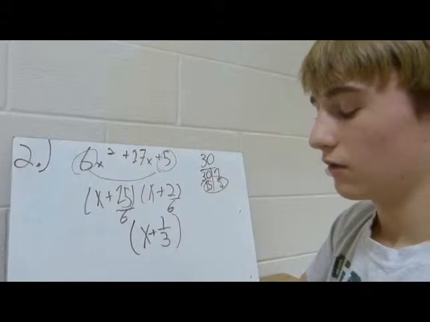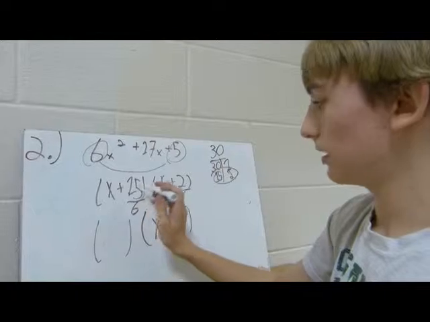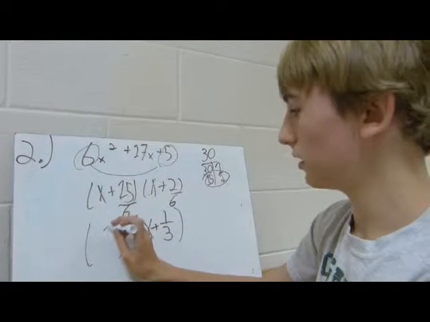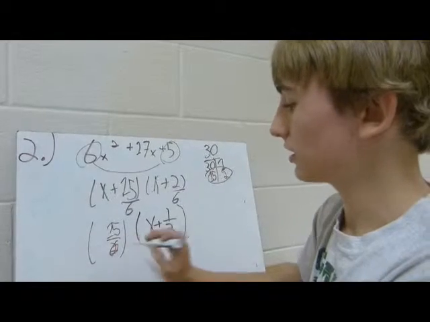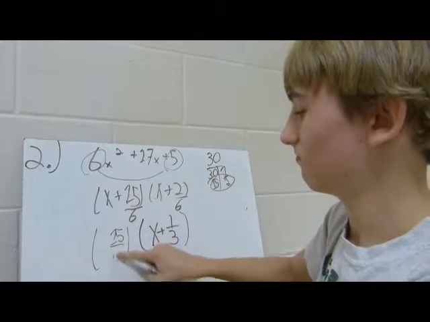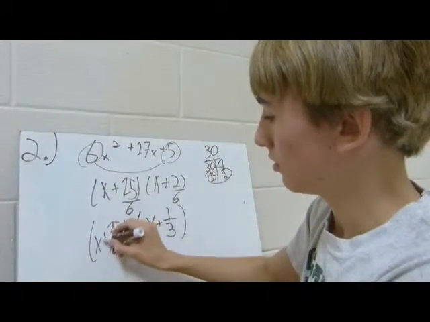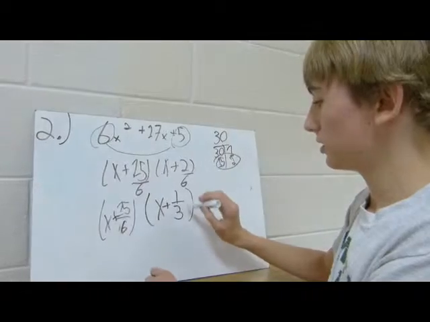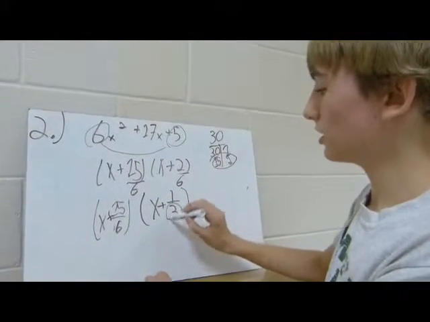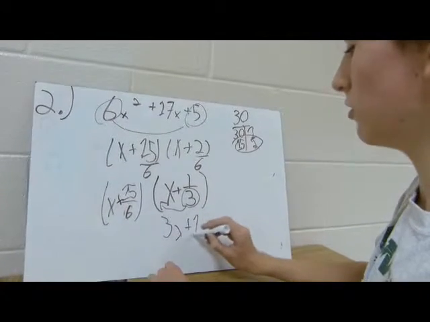The other one doesn't simplify at all, so it would be 15 over 6. Since 1/3 isn't a whole number, you would take the 3 and put it in front of the x, so it would be 3x plus 1.